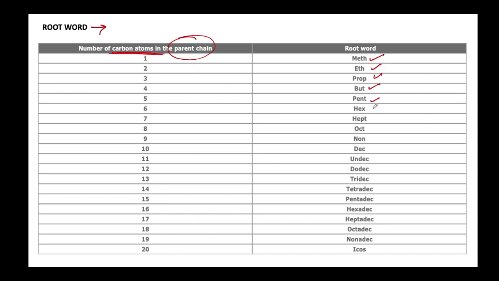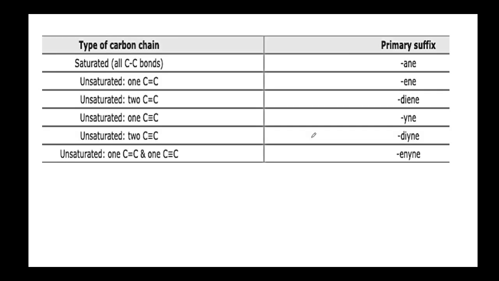So we have pent, hex, hept, oct, non, dec, undec for 11, dodec for 12, tridec 13, tetradec 14, pentadec, hexadec, heptadec, octadec 18, nonadec 19, and icos for 20. You have heard of the borane structure icosahedron, right? So icos is for 20 when you have 20 carbon atoms or any other atoms.